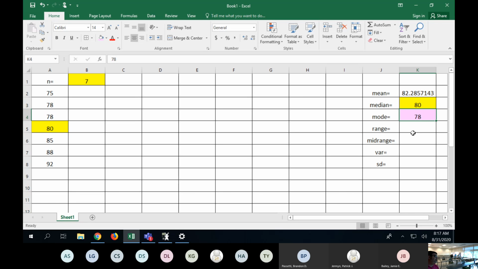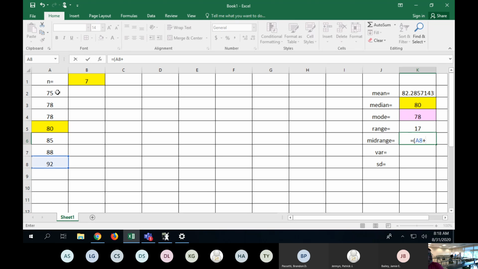Do not put 0. Range. That's going to be equal to the highest number minus the what? Minus the lowest number. Mid-range. That's the average of the range. So that's going to equal the highest plus the lowest, or the lowest plus the highest.